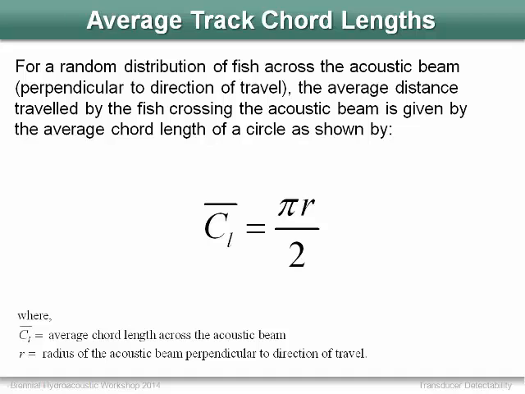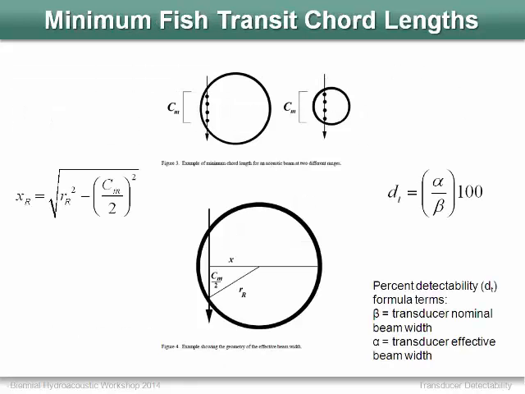So we don't have to focus too much on math, but you can calculate out for your 15-degree transducer, or a transducer of some given beam width, what the average chord length of your fish through that beam at that range would be. And this gives kind of a graphic illustration.